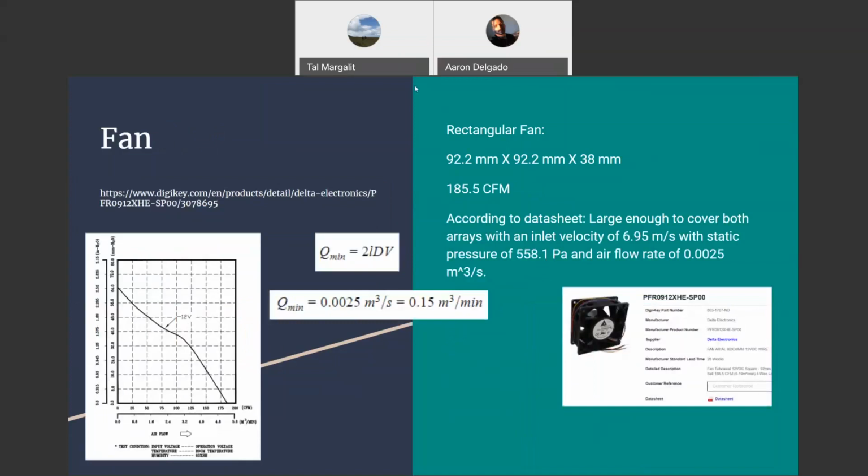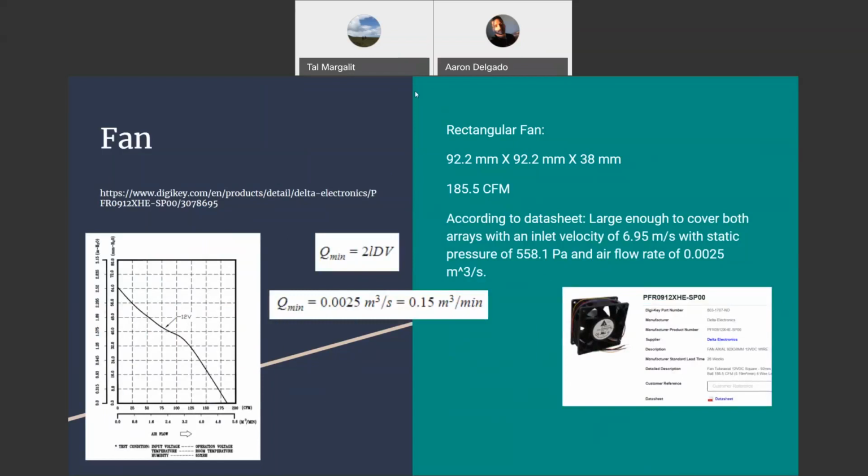After careful consideration of these calculations, we were able to find a fan that met our original requirements for both the project and the heatsink. The fan is manufactured by the Mechatronics Fan Group. The required volumetric airflow was then calculated using the equations shown and was found to be 0.0025 cubic meters per second, or 0.15 cubic meters per minute.